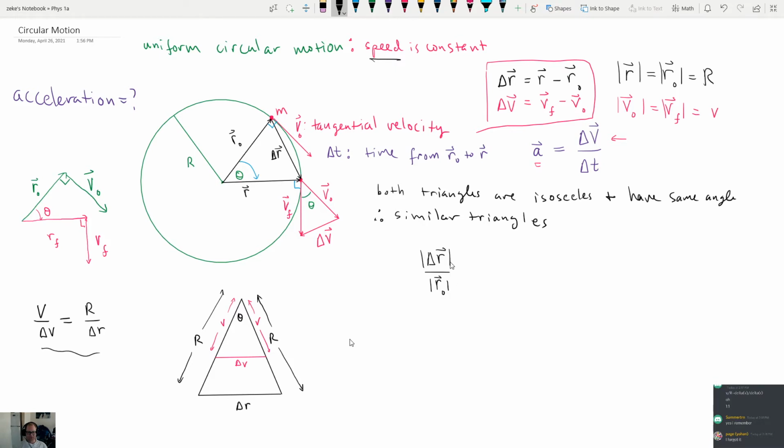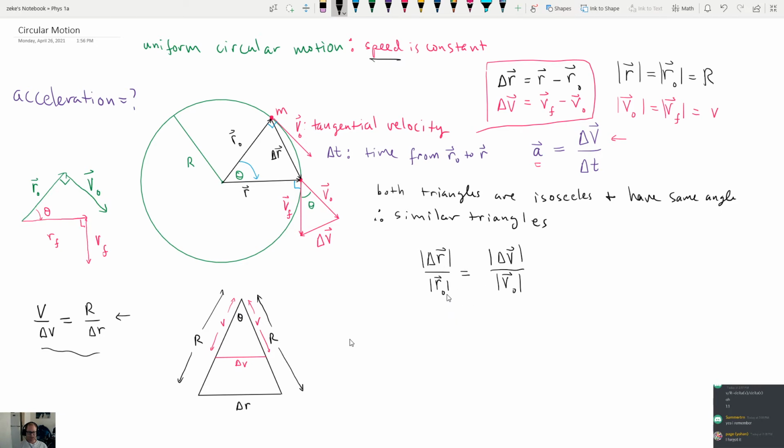And then on the right-hand side, we'll do the magnitude of delta v divided by v initial. So that's pretty similar to what I wrote over here, right? Except I'm not skipping a step. So this ratio should be good.